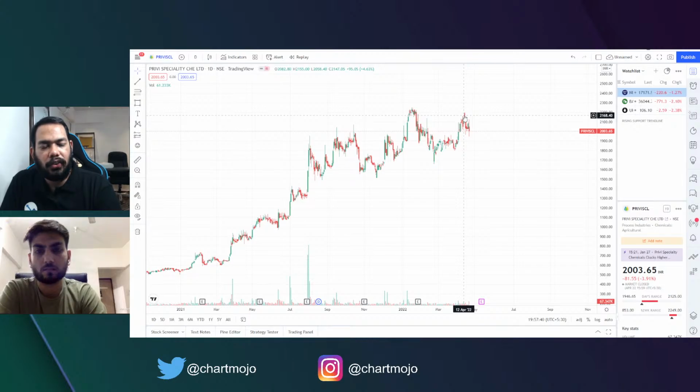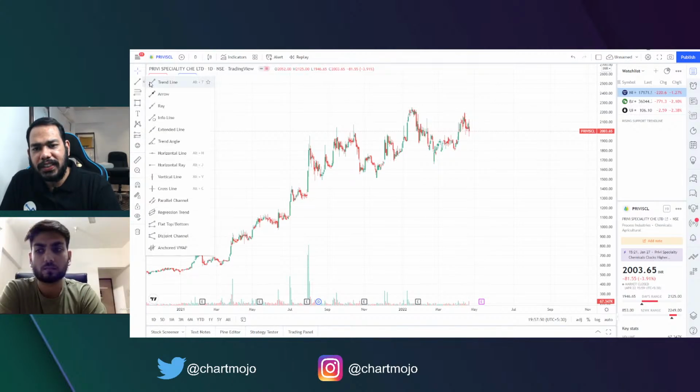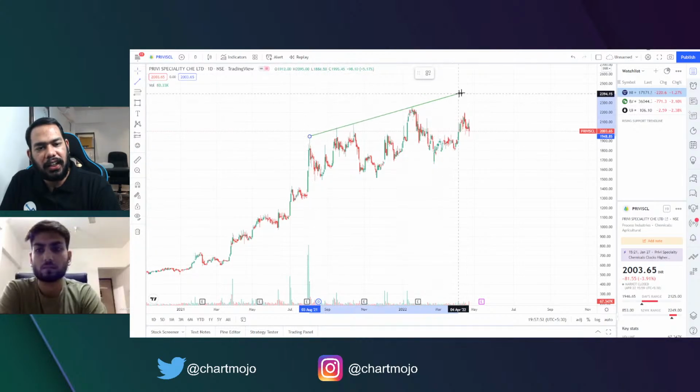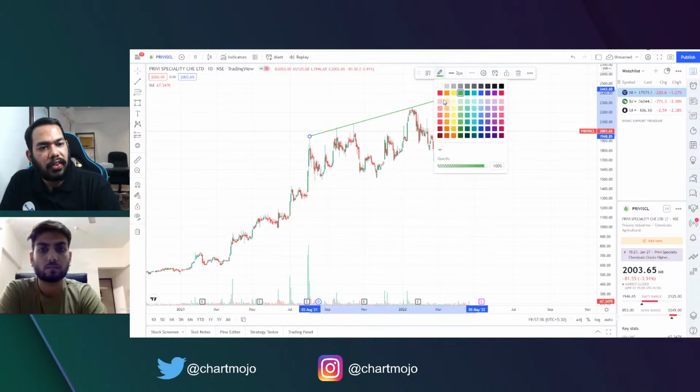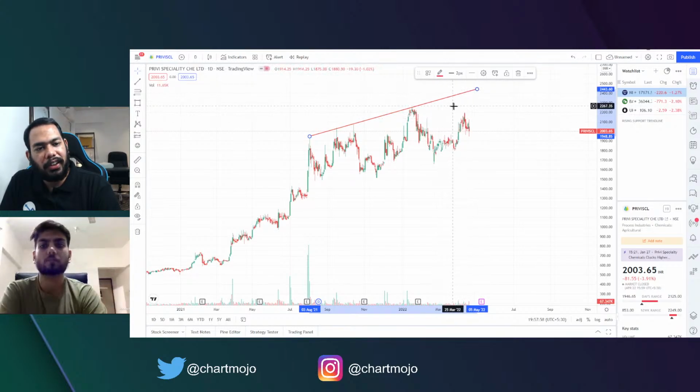If someone is continuing, any fresh long should only be taken above the 2300 level, or let's say not above 2300, I can see a clear rising resistance line there. So if someone wants to take an intraday kind of trade, then surely above 2250 will be your level. One can take a trade for intraday or for 1 or 2 days for this target.